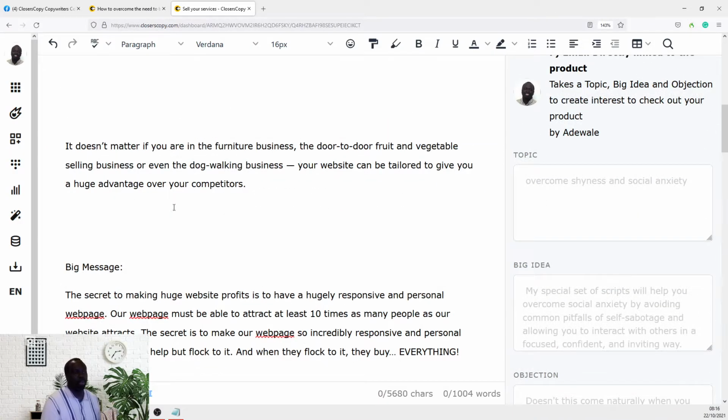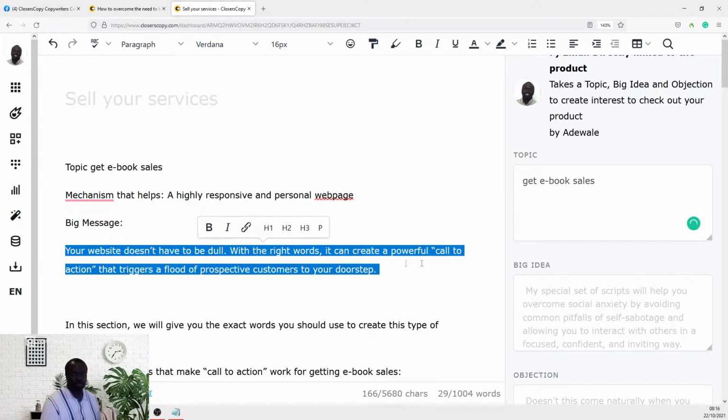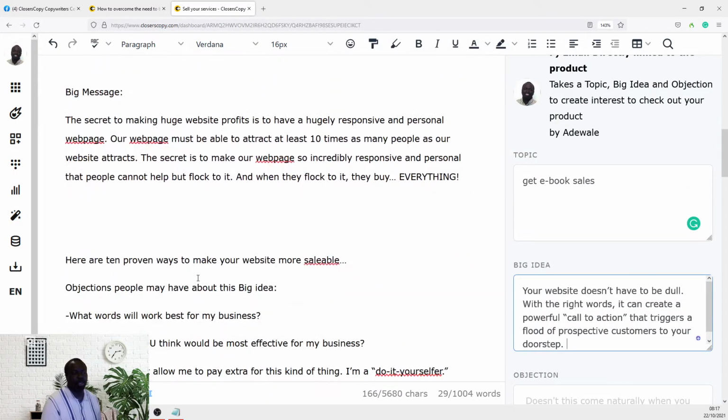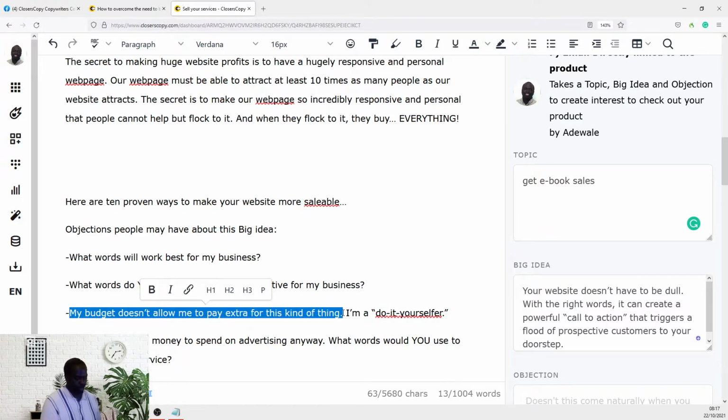So we've got the big idea, and the topic here is get ebook sales. The big message is here. And then copy any of the objections. My budget doesn't allow me to pay extra for this kind of thing. I am a do-it-yourselfer.